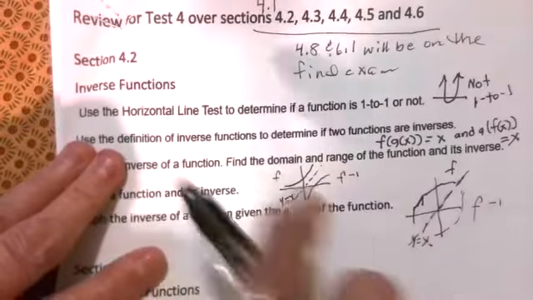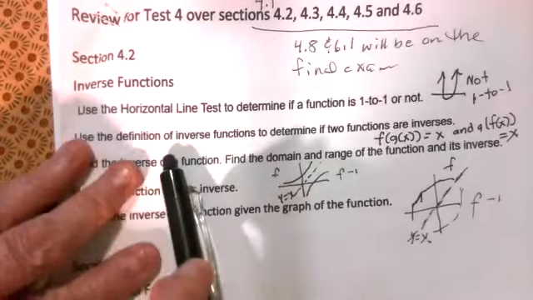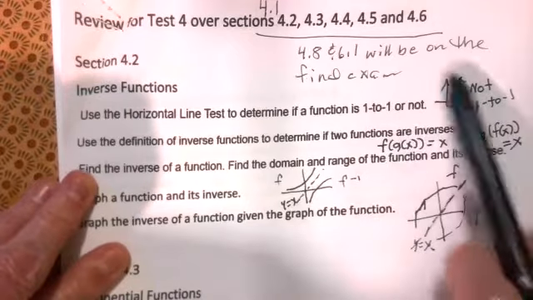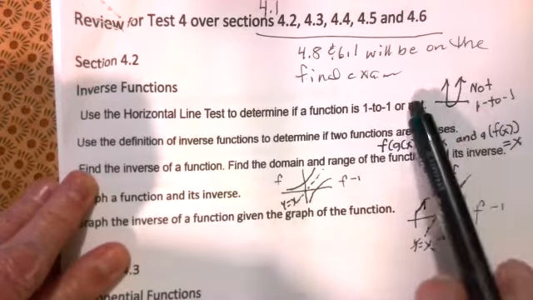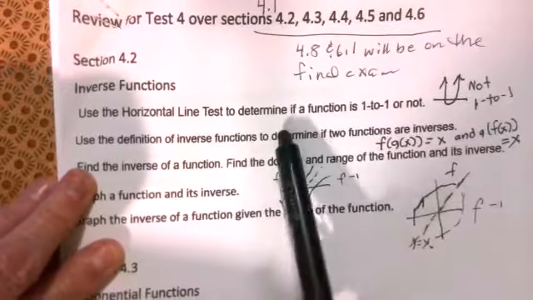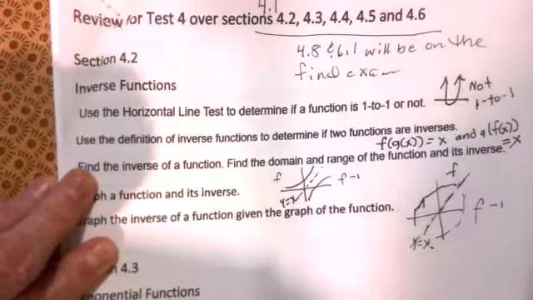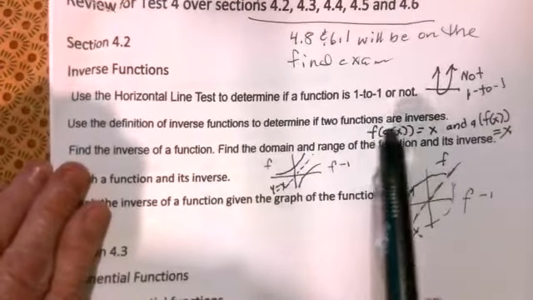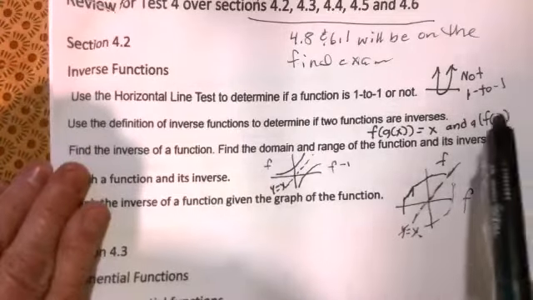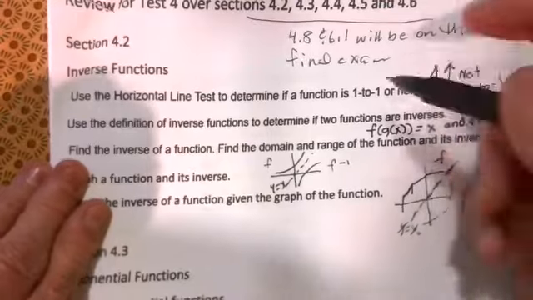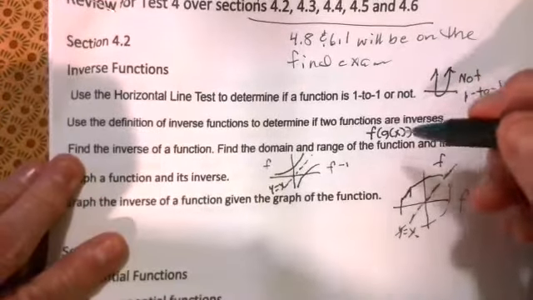So then in section 4.2, we need to be able to find the inverse of a function, use the horizontal line test to determine if the function is 1-to-1 or not. So, you know, that would mean not 1-to-1 because a horizontal line touches the graph in more than one place. Use the definition of inverse functions to determine if two functions are inverses. And what that means is that if you do the composite of a function with its inverse, you would get back x. And that's because if they're inverses, they undo each other.